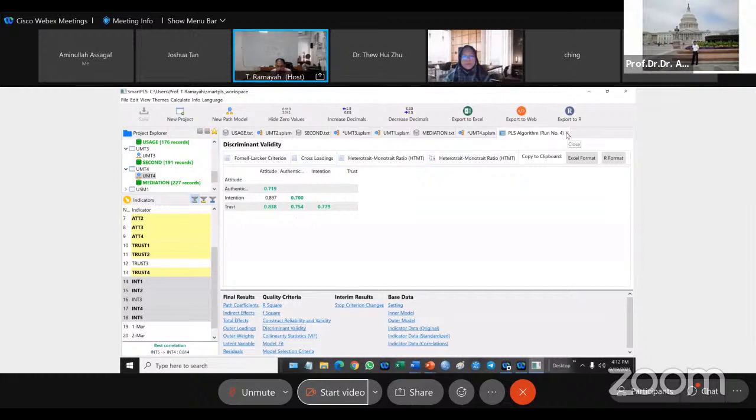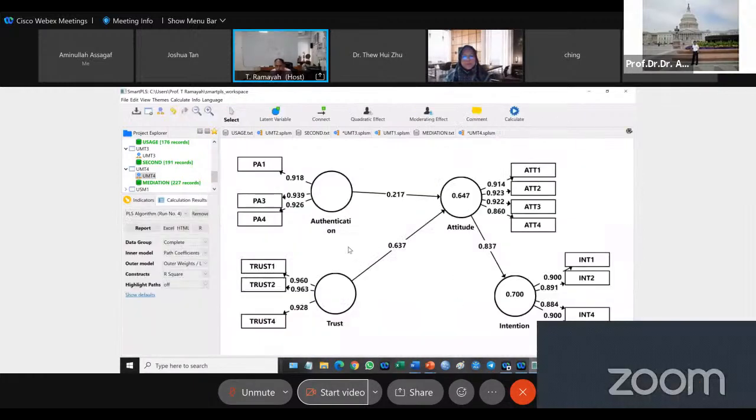We will also do this for your mediation. Here we have 1 and 2. So hypothesis will be 1, 2, 3, 4 is your mediation, and 5 is your second mediation. In mediation analysis, we are not so much concerned about the R-square change.